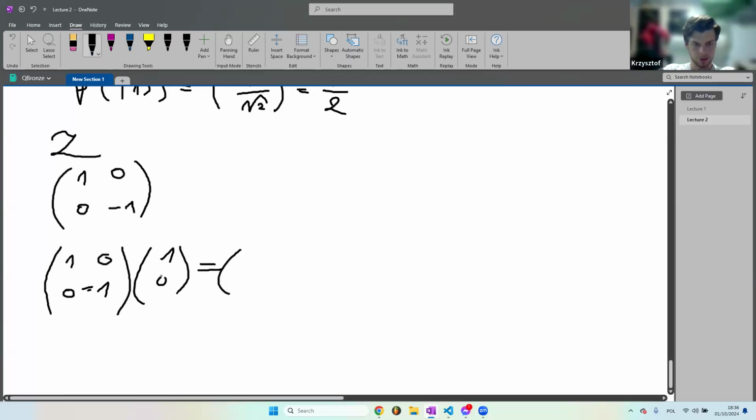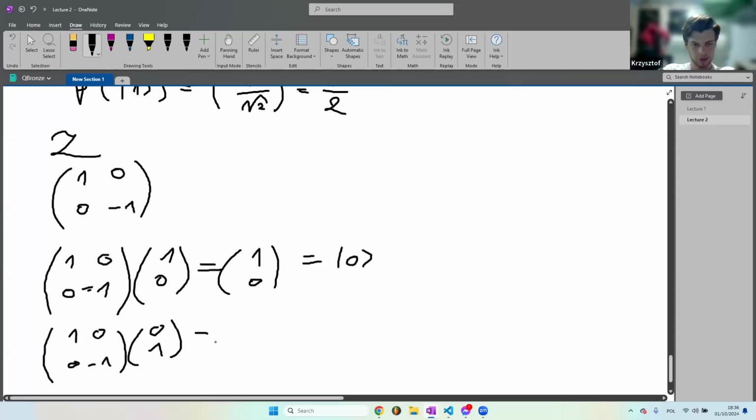So (1, 0), this is our 0 qubit. So the result is also a 0 qubit. But when we apply this gate to a 1 state, we get -1. So (0, -1), which is -1.